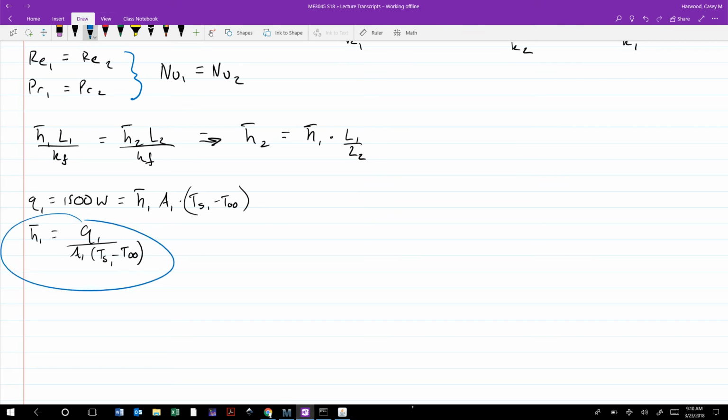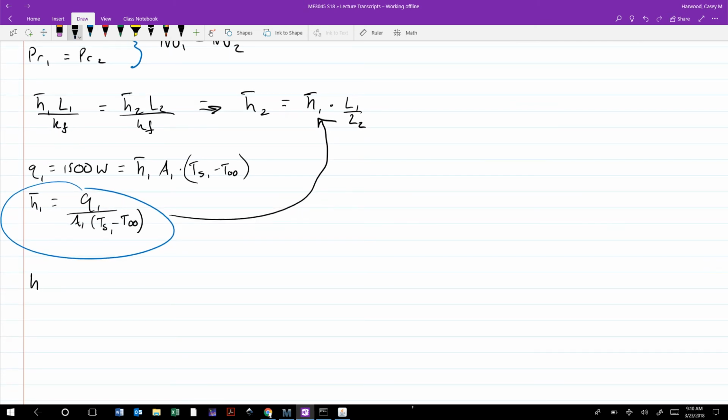If we plug this in right here, then we can say that h bar 2 is equal to Q1 over A1 times TS1 minus T infinity, times L1 over L2.